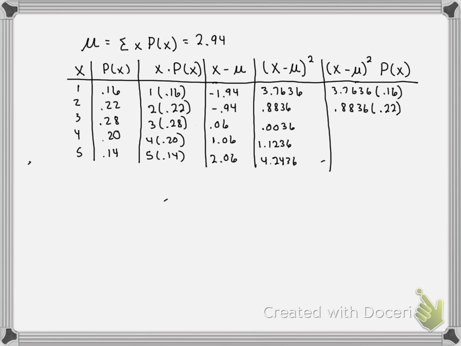And then we are going to bring this over here and multiply by the probability. So this last column is the one that's important. This is going to be the column from which we find our variance and then our standard deviation.